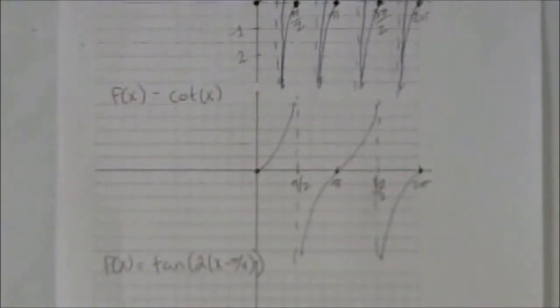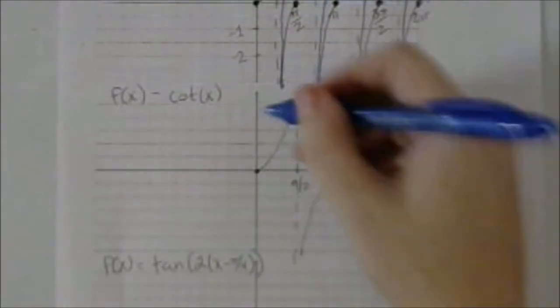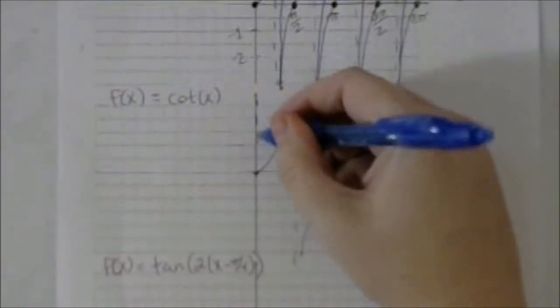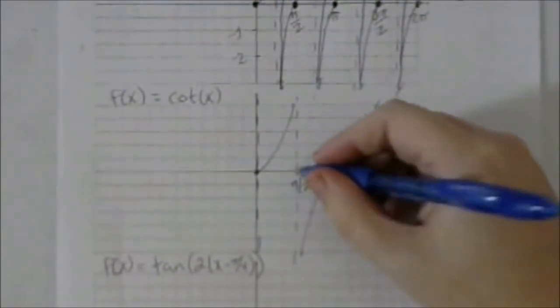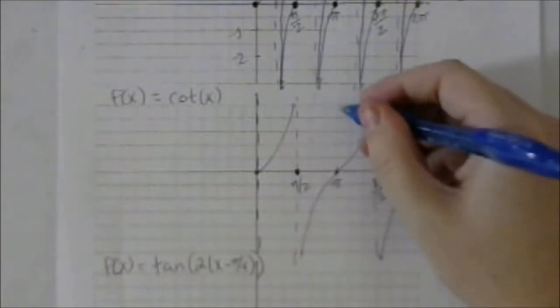How do I reciprocate this original graph? I turn every 0 into an asymptote, and every asymptote into a 0.